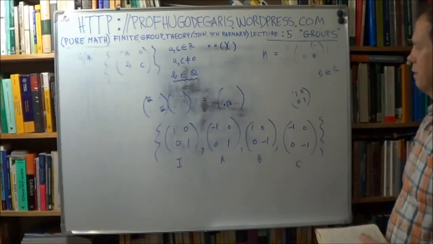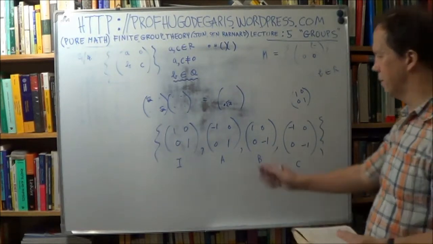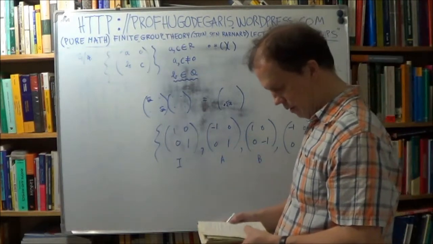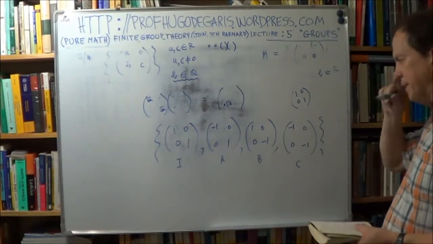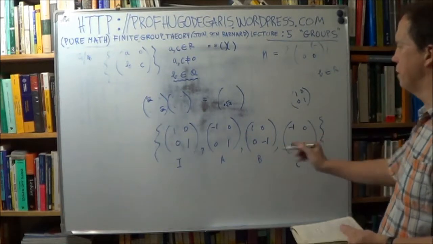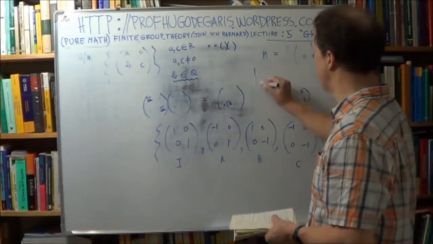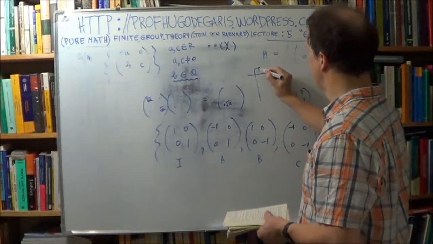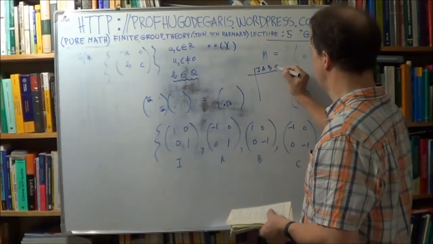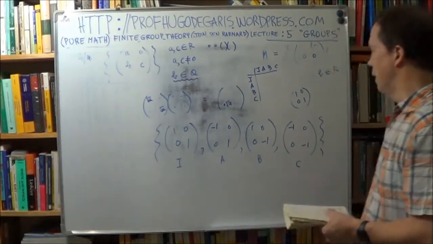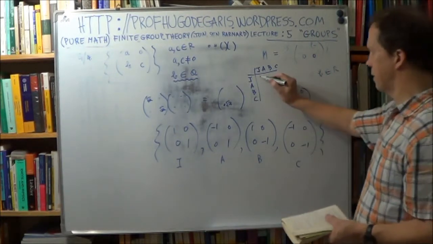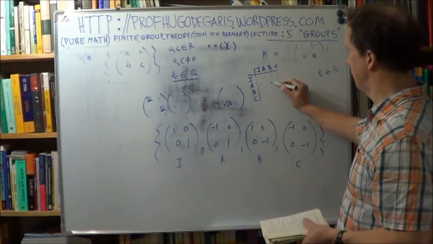Show that it's a group. So how to do that? Well, I suggest you could do a table. Now it's going to be tedious. If you make a table, you're going to have I, A, B, C. This is your group table, and you're going to have 16 entries.